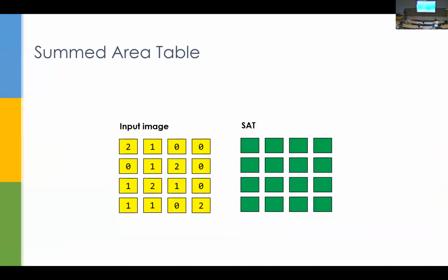So let's see how we can do summed area tables. If we have an input image that's here, how do we get the summed area table? Let's do it manually first. Just read it out. 1 becomes 1. Okay. What's next? What is the result of this element here? 2. Again 2. And then 4. Everybody follow?